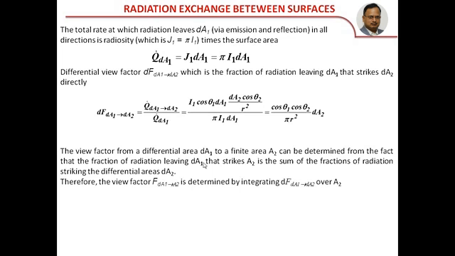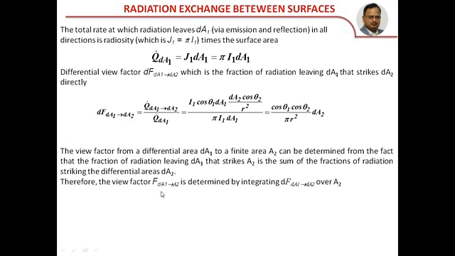The view factor from a differential area dA1 to a finite area A2 can be determined from the fact that the fraction of radiation leaving dA1 that strikes A2 is the sum of the fractions of radiation striking differential areas dA2.